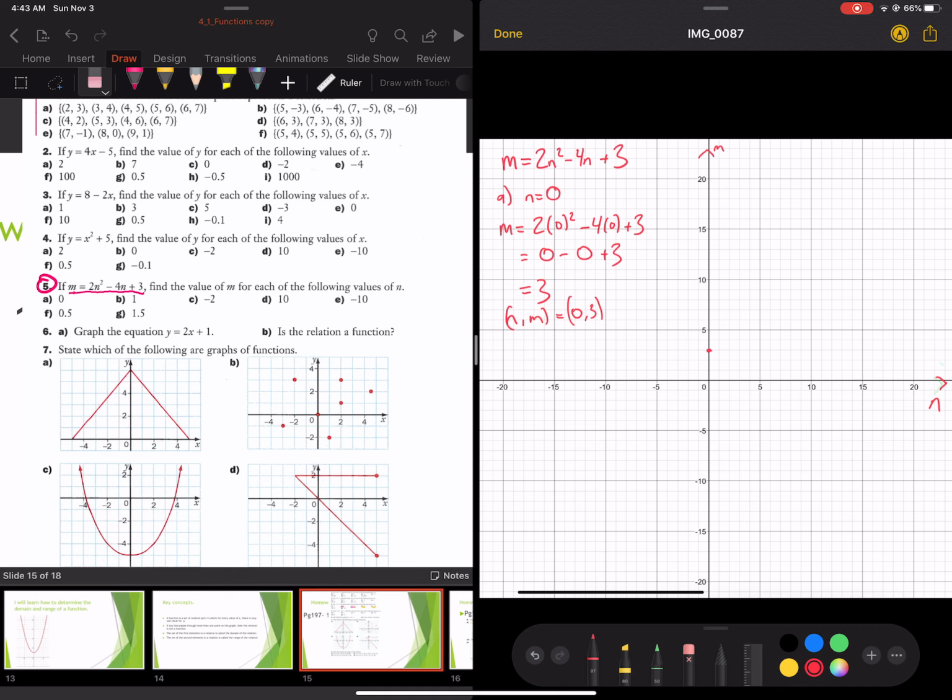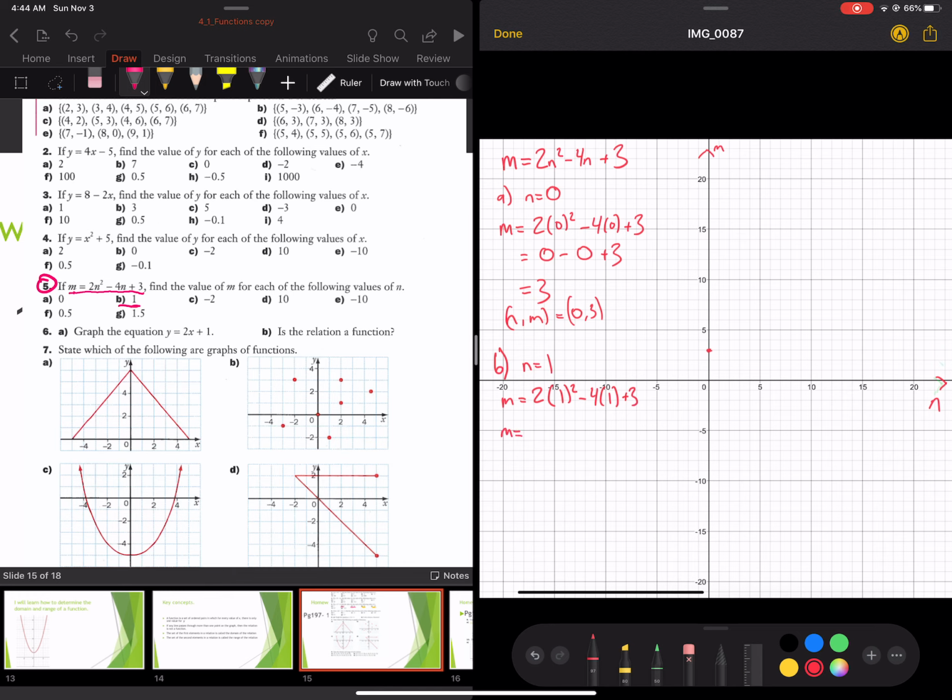So let's try it again. For B, we're going to do question B now. And the point of this is just to substitute our values. So at B, we have n equals 1, which means m is going to be equal to 2 times 1 squared minus 4 times 1 plus 3.